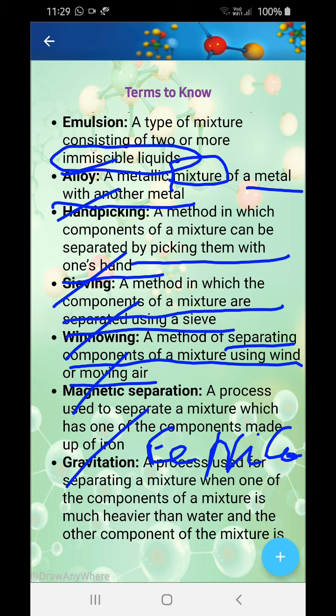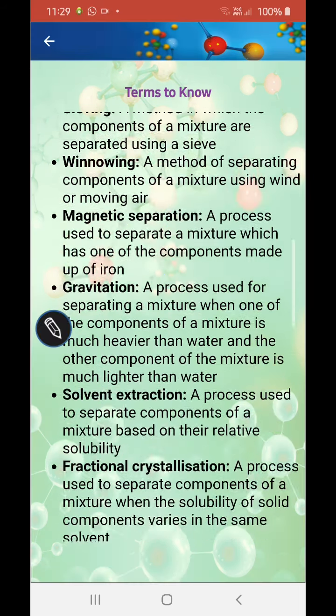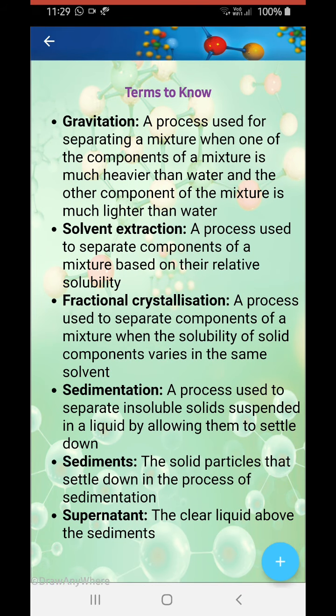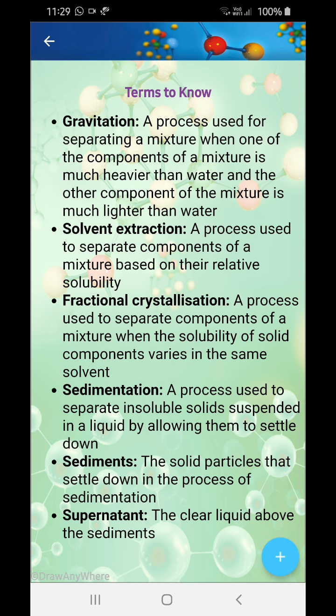Gravitation. The process is used for separating a mixture when one of the components is much heavier than water and another component is much lighter than water. Suppose this is a beaker and I take water over here.